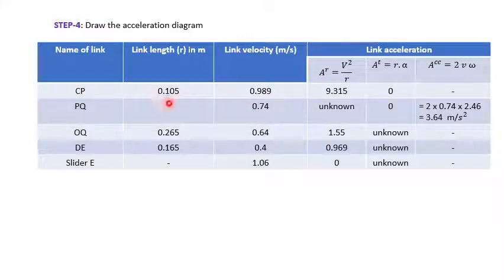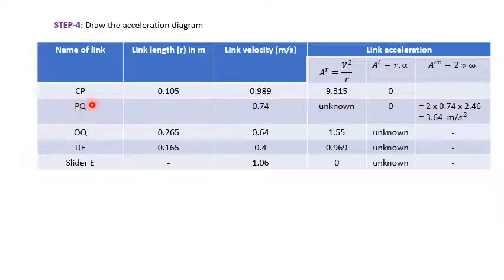For the link CP, length is 0.105, velocity 0.989, therefore its radial acceleration becomes 9.315. Tangential acceleration is 0, and Coriolis component of acceleration is also not known.